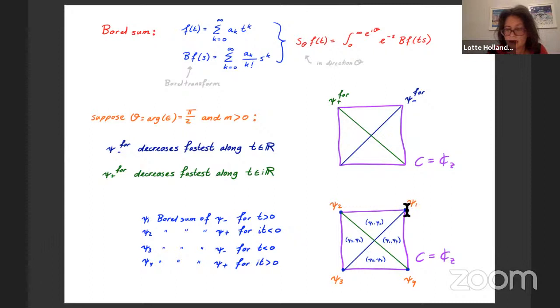For instance, the Borel sum psi1 can be analytically continued in this half plane, above the green diagonal, I should say. If we analytically continue all of these solutions, psi1, psi2, psi3, and psi4, we find the basis of solutions in each of these sectors.